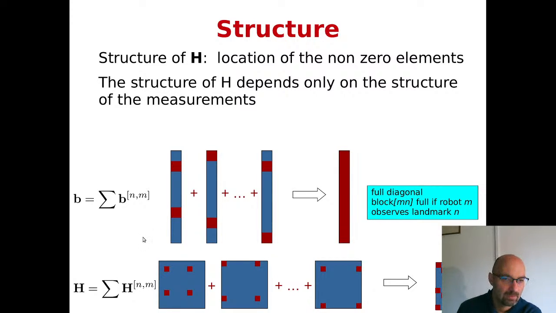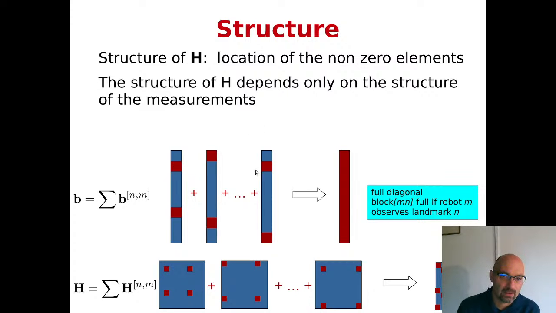During one iteration, I will progressively augment my b vector, the total b vector, by adding first, for instance, a measurement between this robot position and this landmark, then this robot position and this landmark, and so on, right? Given that at the end of the game I will have involved all landmarks and robot positions, because otherwise something is not observable and I kick it away from the state.